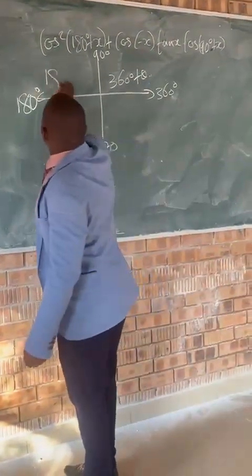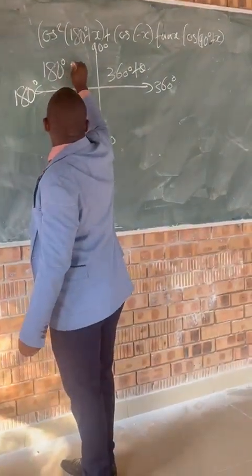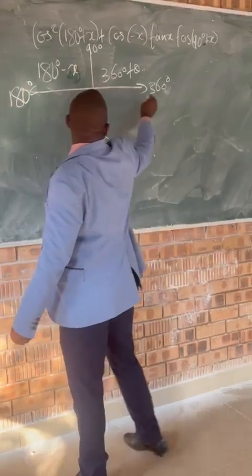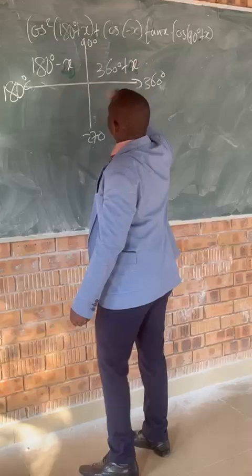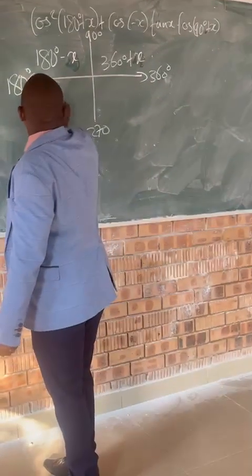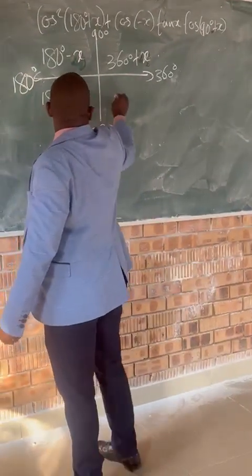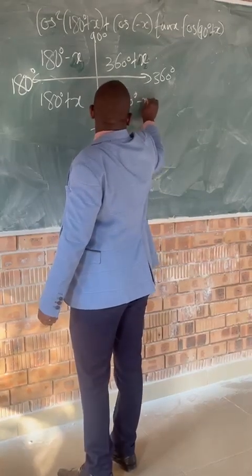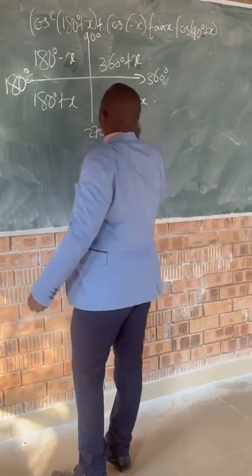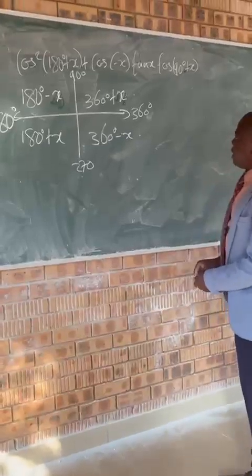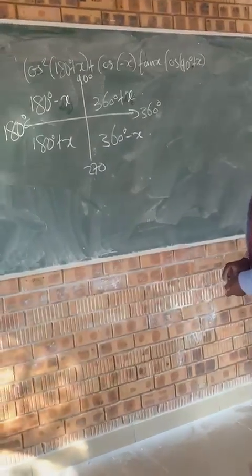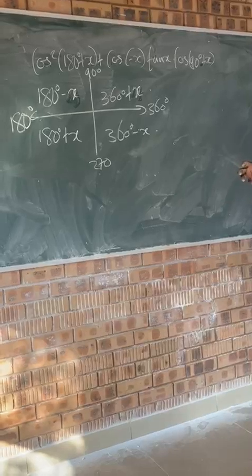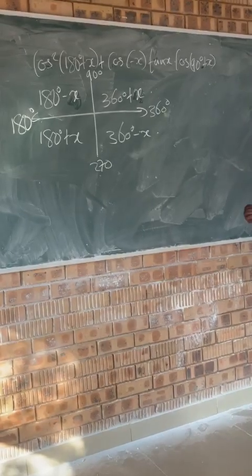This one is 180 degrees minus x. This one is 180 degrees plus x. This is 360 degrees minus x.